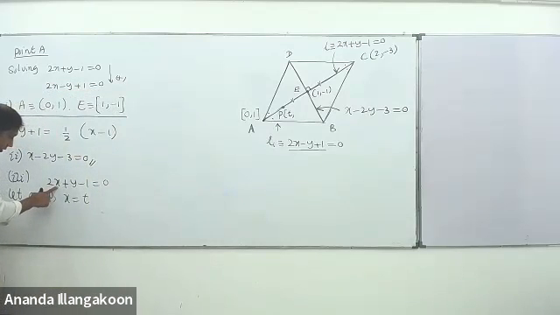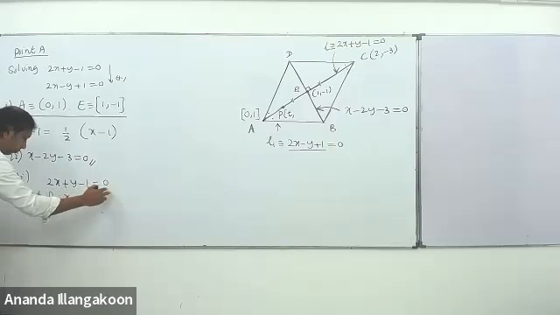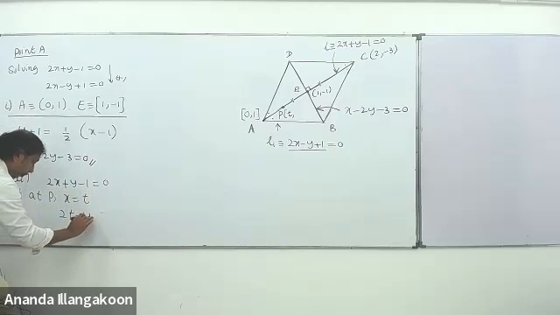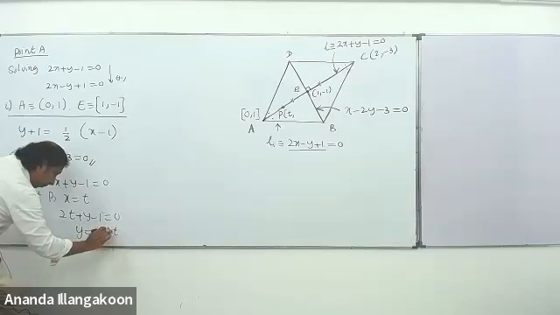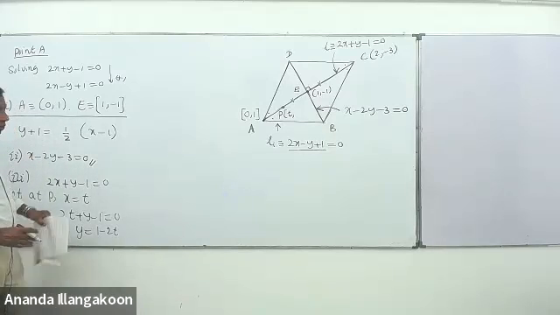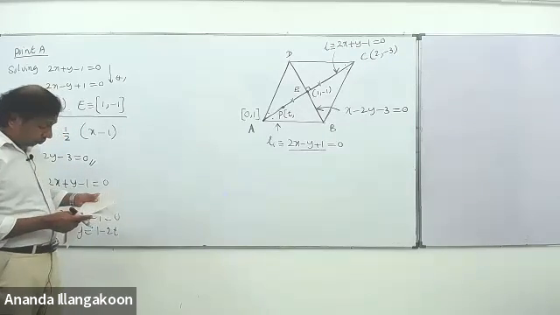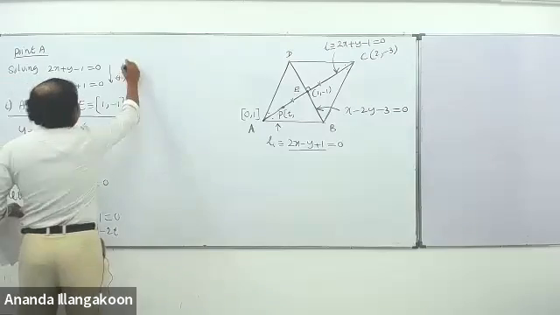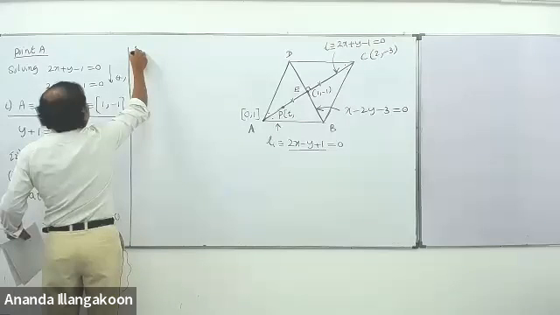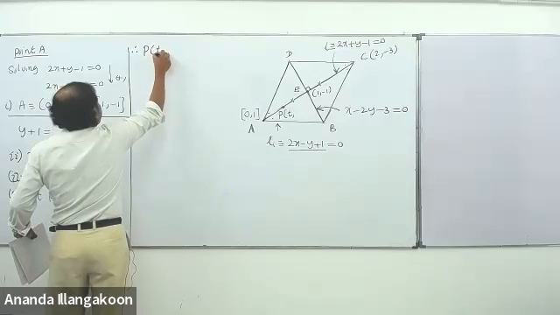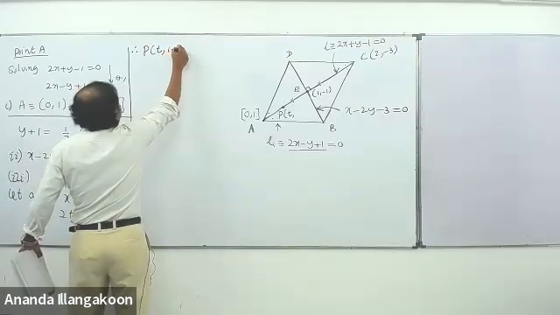Put x equals t here: 2t plus y minus 1. Take both to the right hand side. Then what do you get? y equals 1 minus 2t. Then we can write P. Therefore, P is (t, 1 minus 2t).